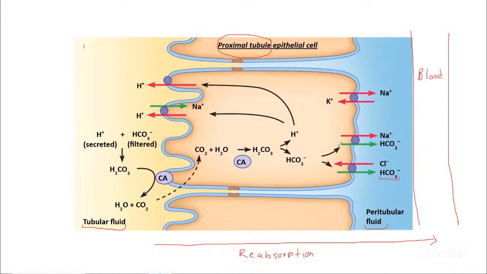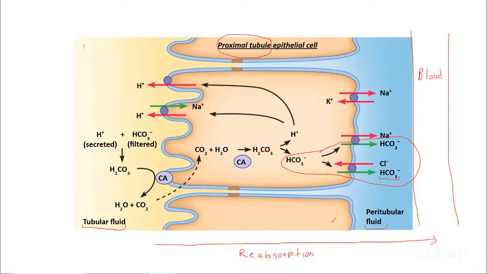So here we have the end point of our bicarbonate reabsorption. Let's track where that came from. Bicarbonate is one of the things that's getting filtered out with a ton of stuff. Most of the contents of your plasma is going to get filtered out at the glomerulus at the very beginning of the nephron and the renal corpuscle, so the glomerulus and Bowman's capsule.